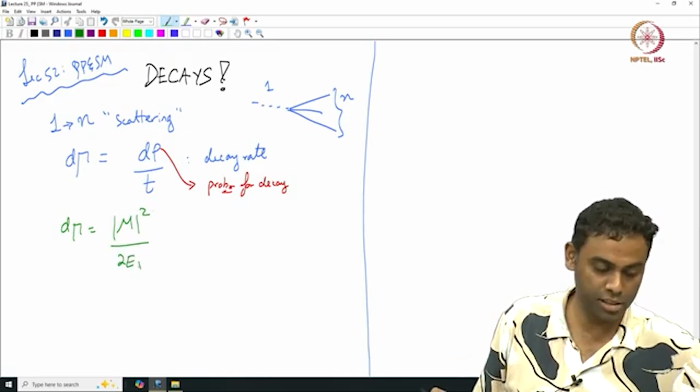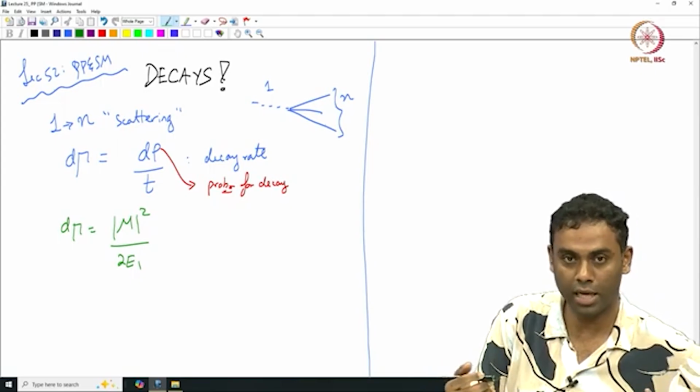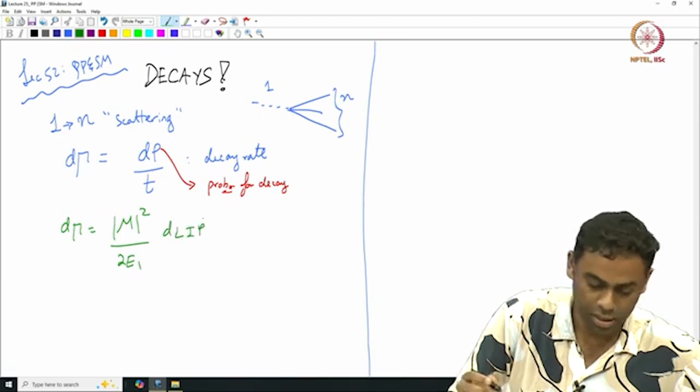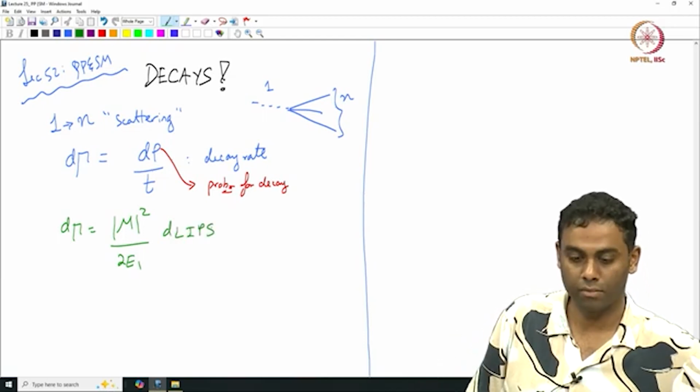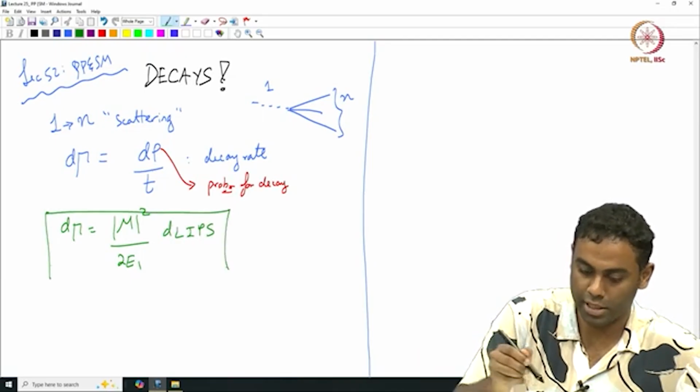This is one particle in the initial state. Again, I have a transition amplitude, and hence I have a matrix element to talk about, and again I have a dΦ. That's it actually. That's the master equation for decay.